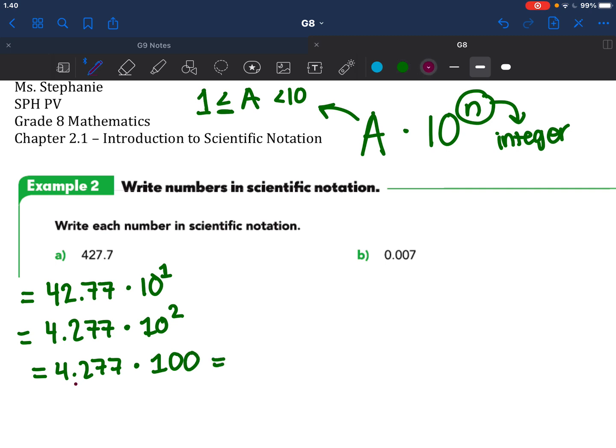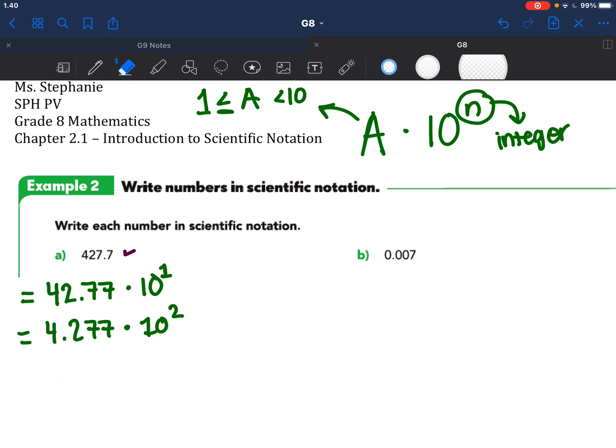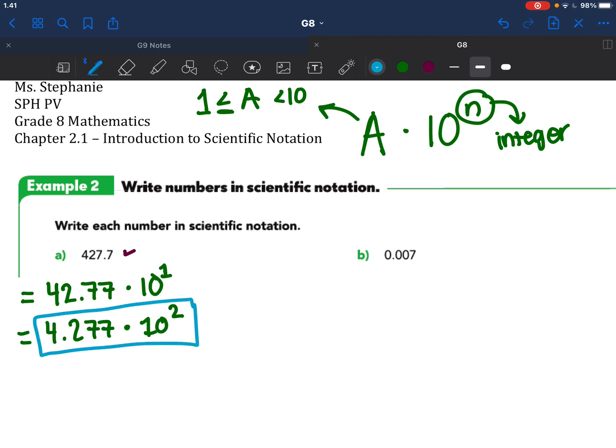So we're multiplying it by 100, which means I need to move it twice to the right, which is good. It's equal to that. Alright. So we should check this one here. This is less than 10 and above 1, so that's good. Multiply by 10 to the power of 2, that's good, so that's it. That's how you rewrite into scientific notation.